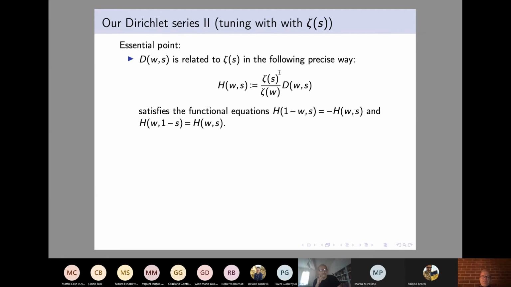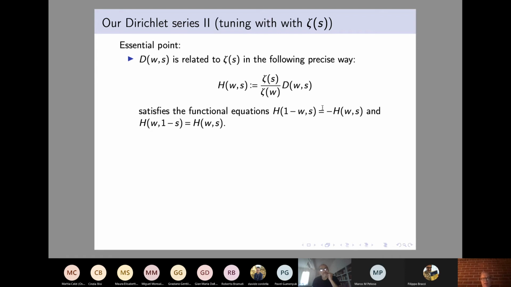So this d_w of s is related to Zeta in the following precise way. The function that you get by multiplying by Zeta of s and dividing by Zeta of w satisfies a functional equation of the form that you wish to have.